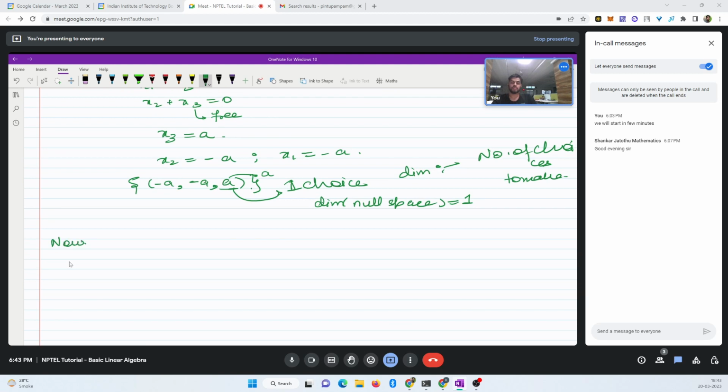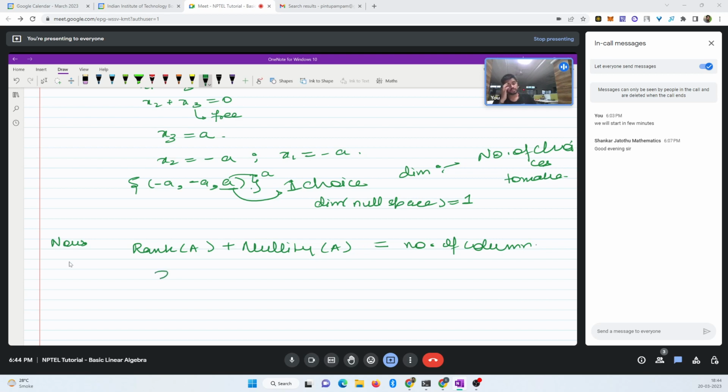Now if we re-verify our rank nullity theorem, what does this say? That rank of A plus nullity of A should be equal to the number of columns.